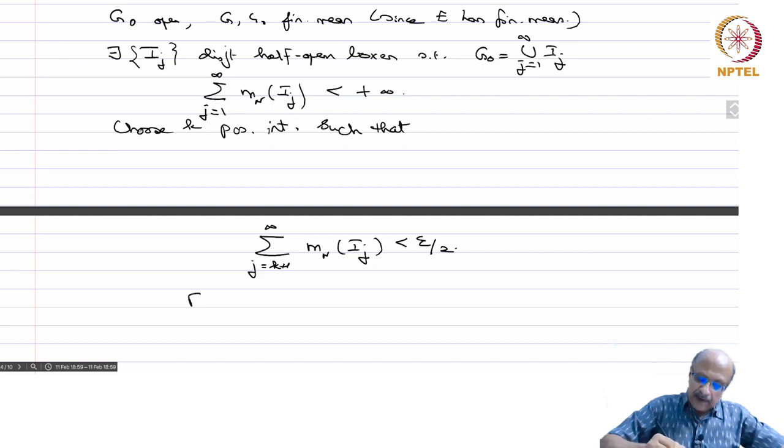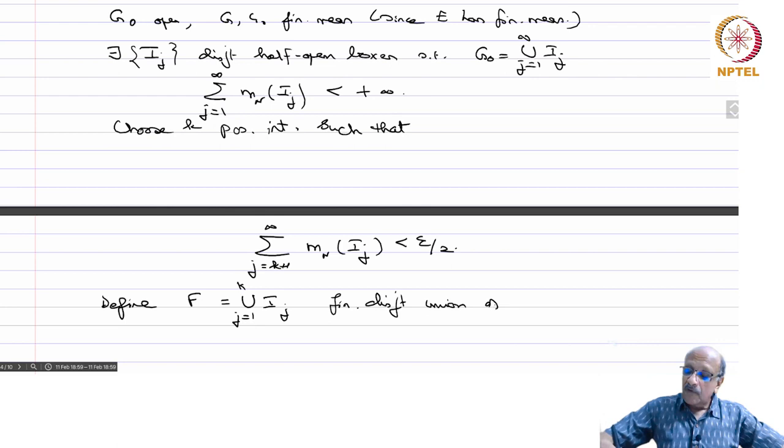And now you define F equals sigma j equals 1 to K of Ij. So this is a finite disjoint union of half open boxes.